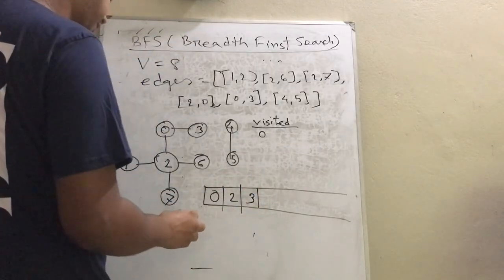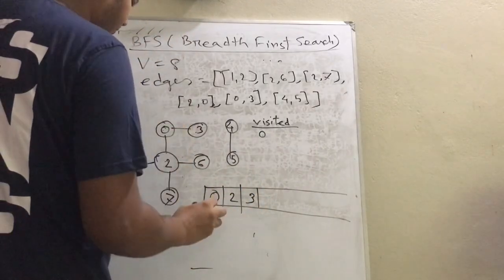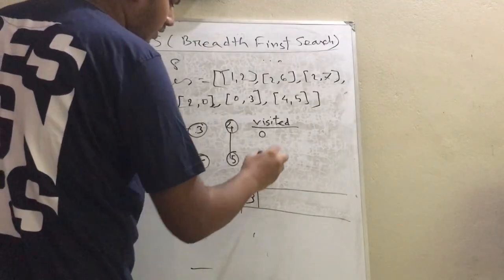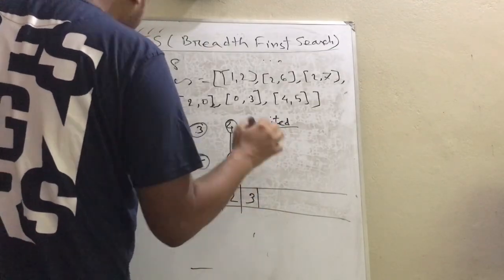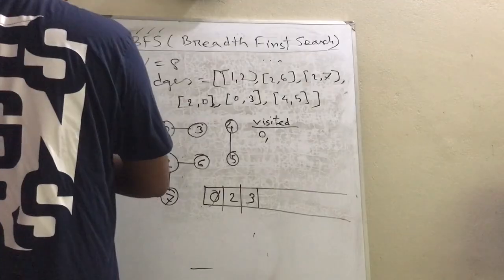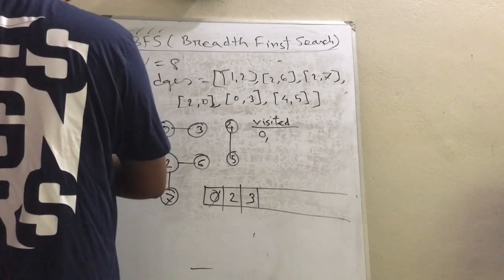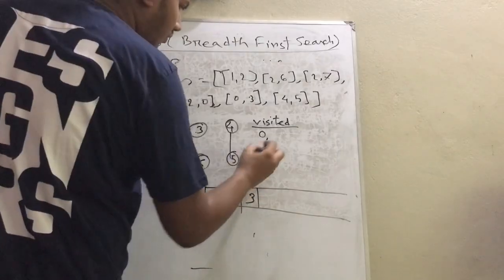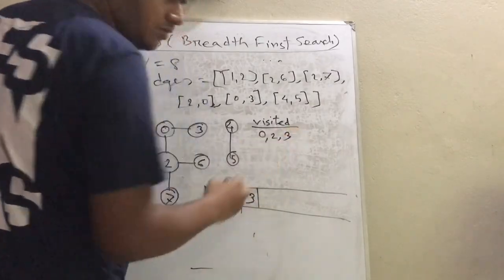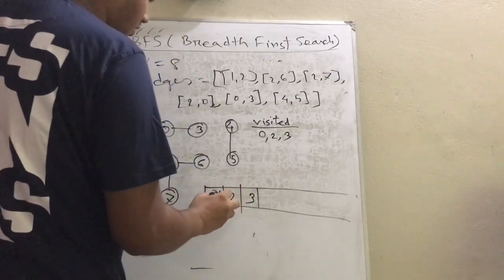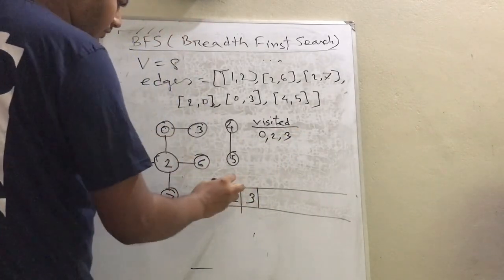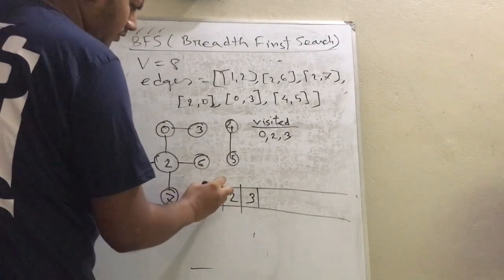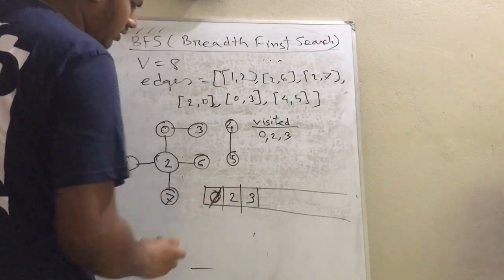Now 0 is done, and 2 and 3 are also visited. We have already visited all the neighbors of 0, so delete 0.